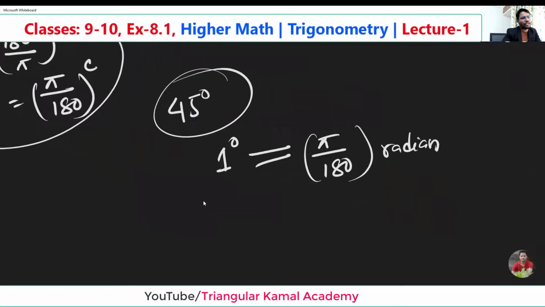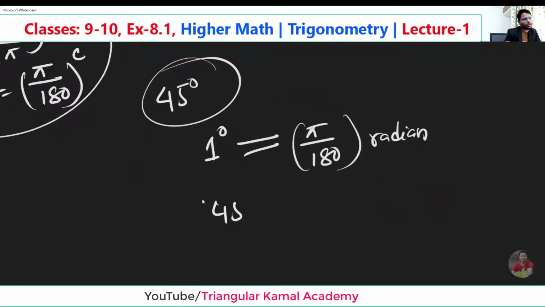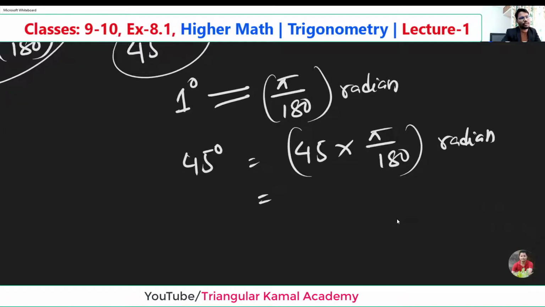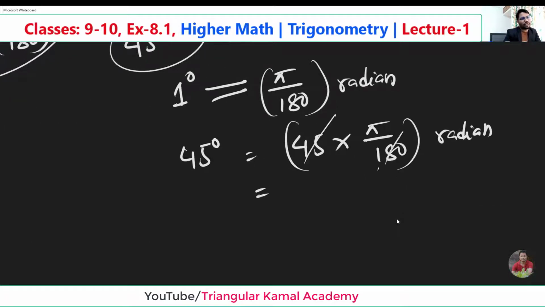So 45 degrees will be 45 multiplied by pi by 180, and this is the radian. After doing the calculation, 45 divided by this, you will get 4. So now this is pi by 4 radian, and this will be the answer.